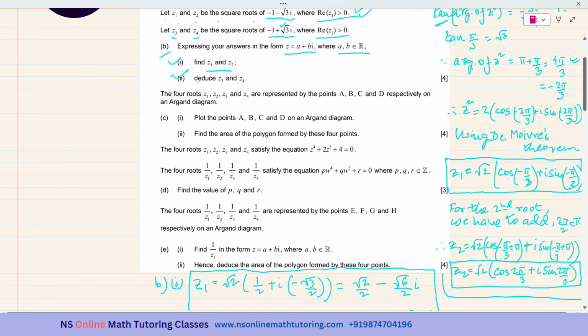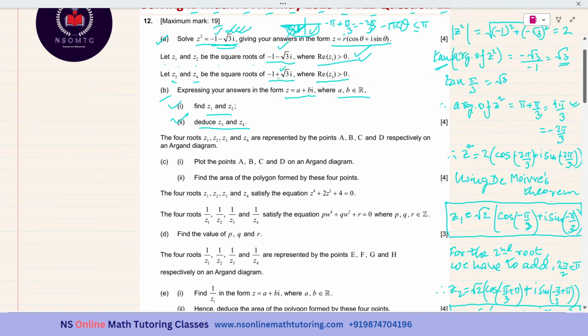Subpart ii is saying deduce Z3 and Z4, because minus 1 plus root 3i is the complex conjugate of minus 1 minus root 3i. Therefore, Z3 will be the complex conjugate of Z1, because Z1 has the real part as a positive number, and Z3 also has the real part as a positive number.